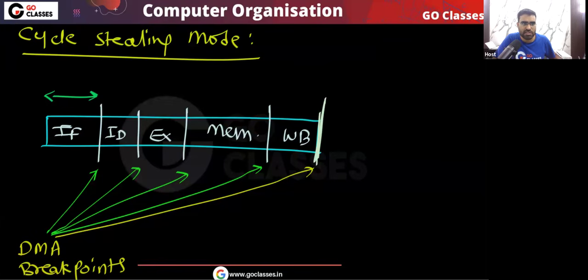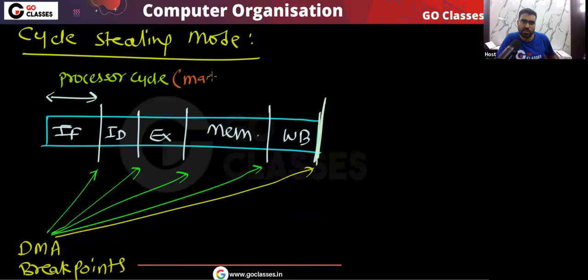Let me tell you one more thing. This part is called a processor cycle. Let me write it: this is called a processor cycle. Some people also call it a machine cycle.